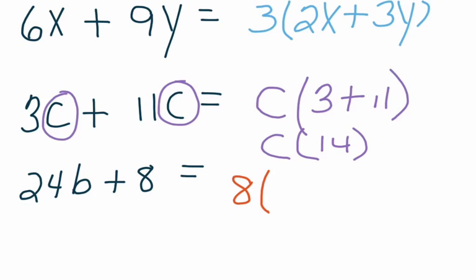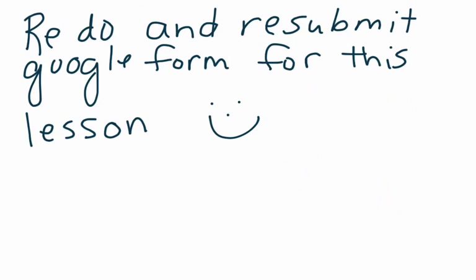And 8 times what number equals 24? 8 times 3 is 24, times b. And then 8 times what number equals 8? We know that is 1. So 24b plus 8 is equal to or equivalent to 8 times 3b plus 1.